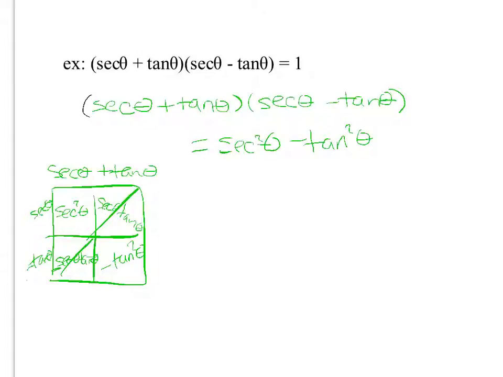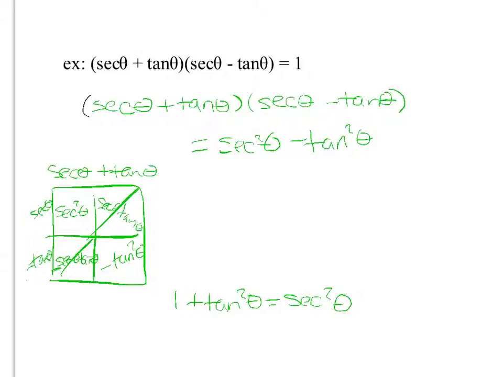So what I'm going to do is, if we look back at our trig identities, you're going to see there's a trig identity in there that says 1 plus tangent squared equals secant squared.